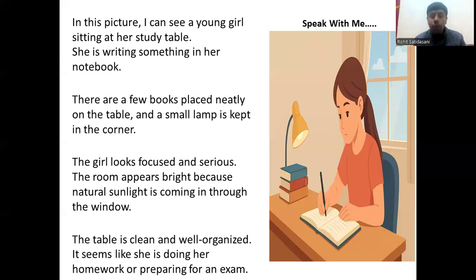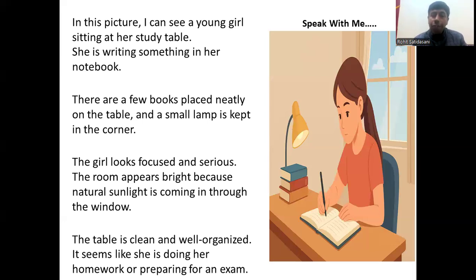Now, read along with me. Try to catch the pace as I read, like native speakers. In this picture, I can see a young girl sitting at a study table. She is writing something in her notebook.